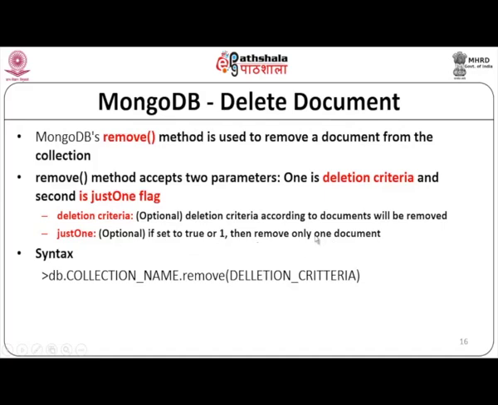That is, either you remove the entire set of documents inside a collection, or you remove exactly one document from the given collection. The syntax for the remove method is as follows: db dot the name of the collection dot remove, with the corresponding deletion criteria.